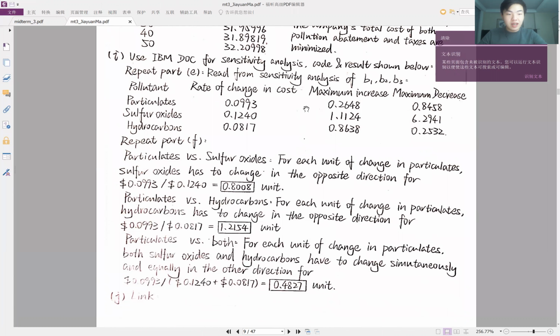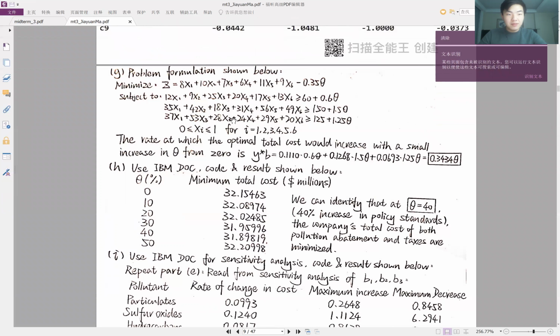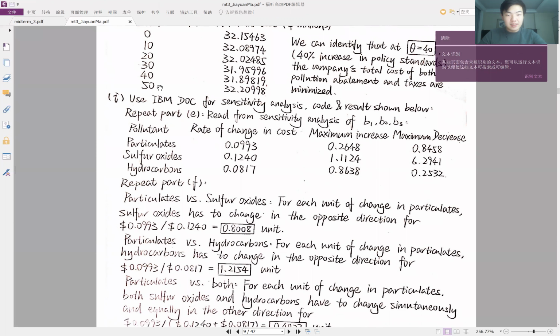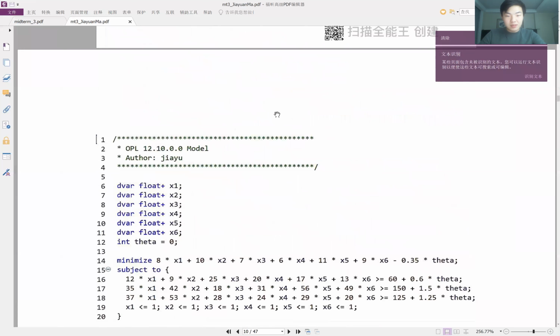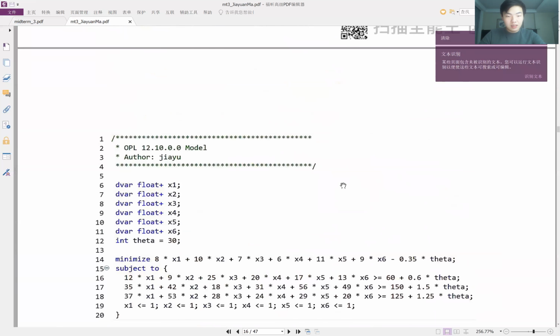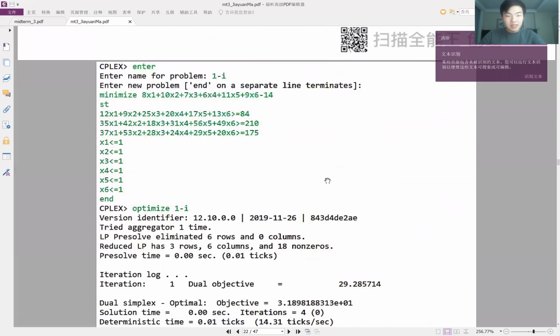Then for part I, it is very simple, just repeat part E and part F. We already obtained our optimal solutions for theta equals 40%. So basically just do the sensitivity analysis again, which is down below here. Yeah, here.